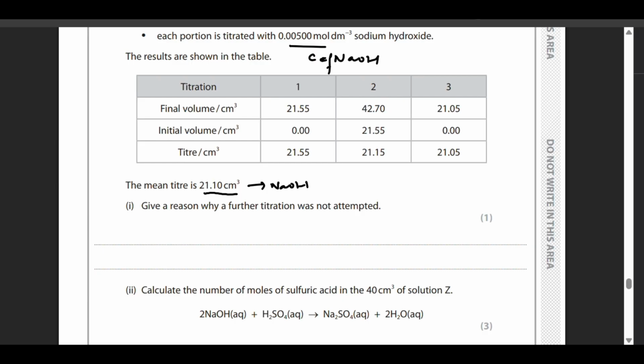Now, give a reason why a further titration was not attempted. Okay, because they already got two concordant readings, so there is no need of performing the titration again, as the two concordant titers had already been obtained.